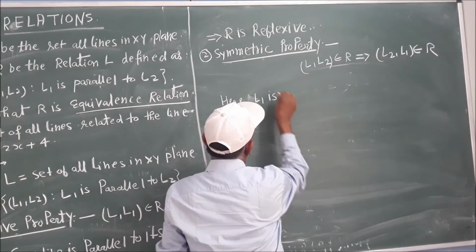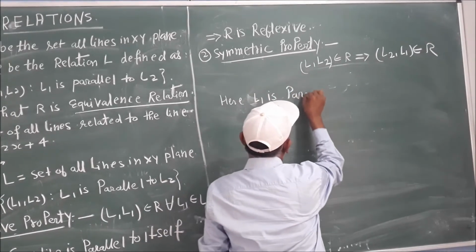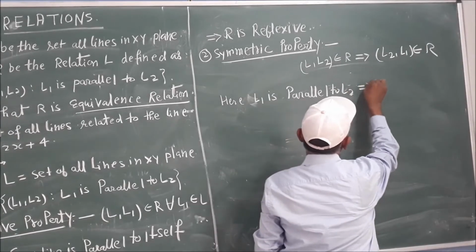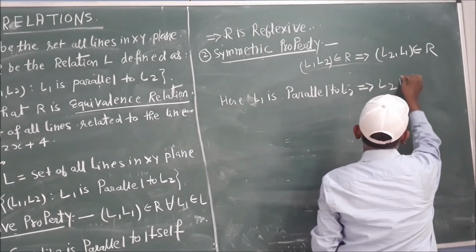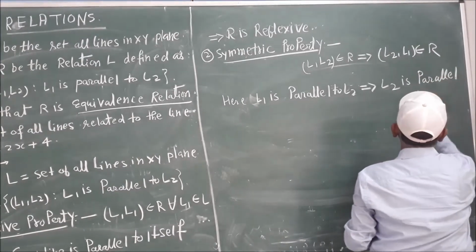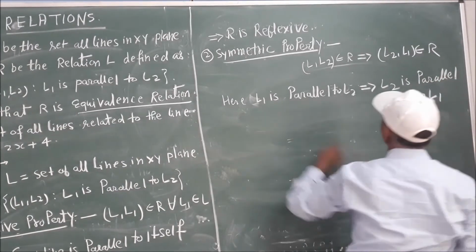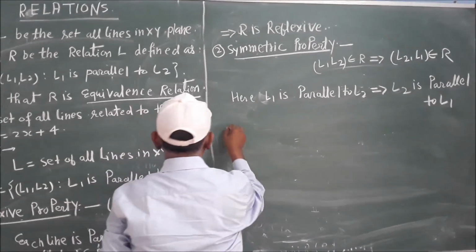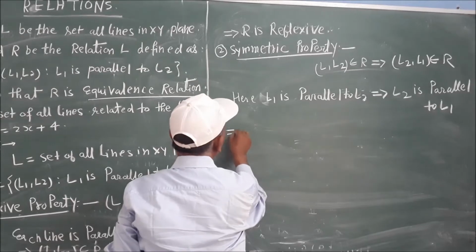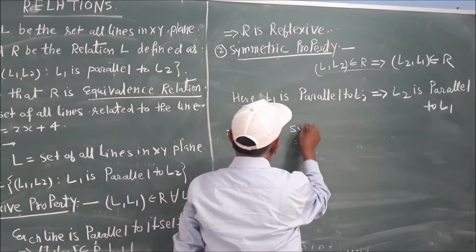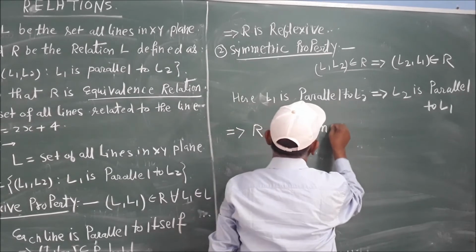L1 is parallel to L2. This implies L2 is parallel to L1. That means L1 and L2 both are parallel to each other. So this implies R is symmetric.